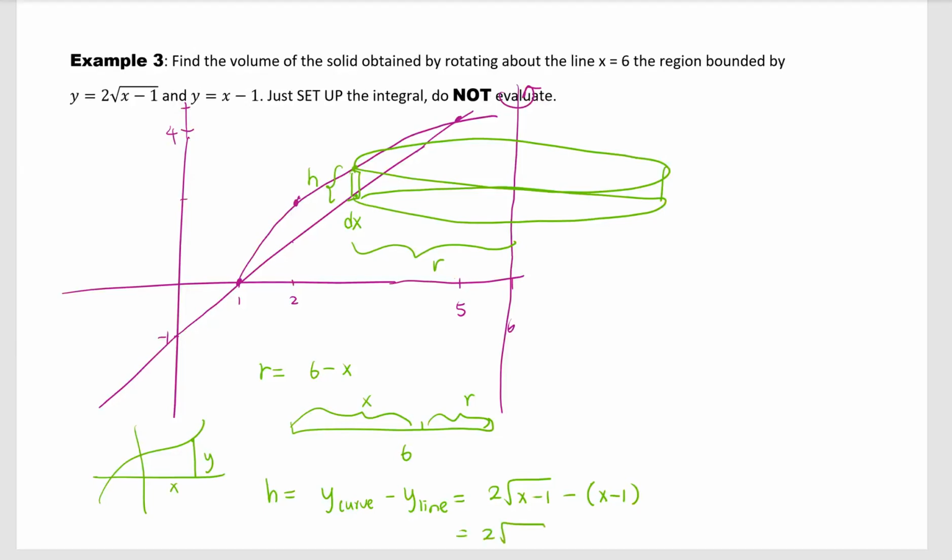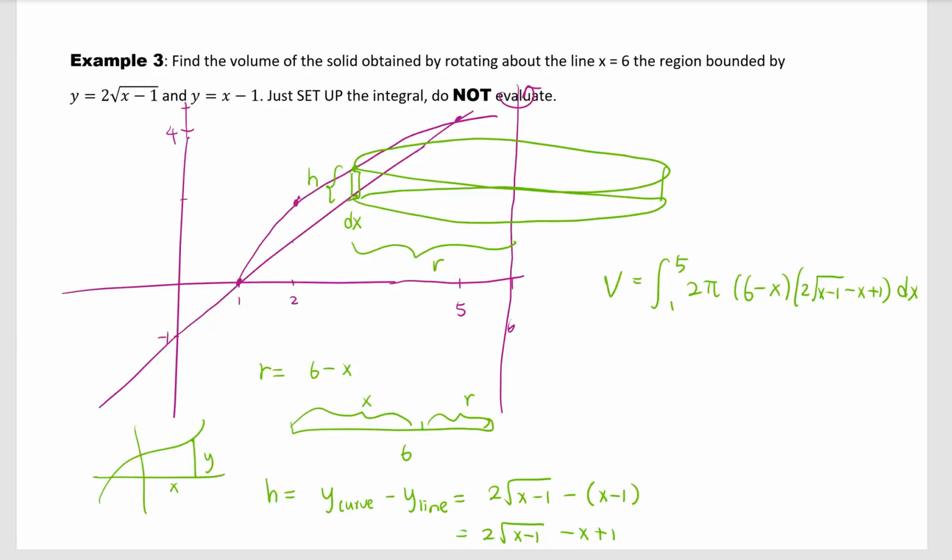So this is 2 square root of x minus 1 minus x plus 1. Finally, x goes from 1 to 5, and then 2π r, where r is 6 minus x, and h is 2 square root of x minus 1 minus x plus 1, dx. And that's it for the setup. So far, so good, everybody.